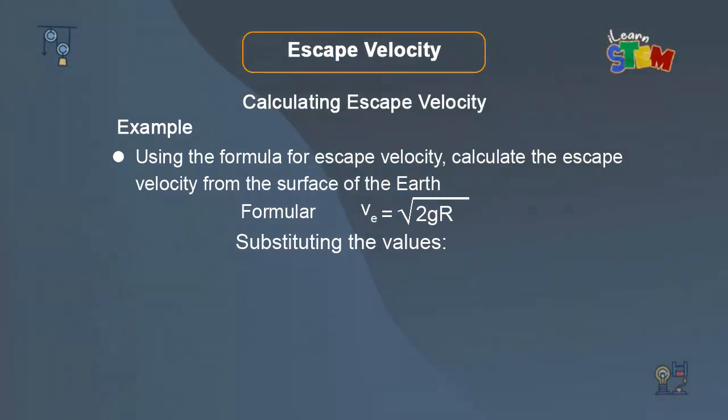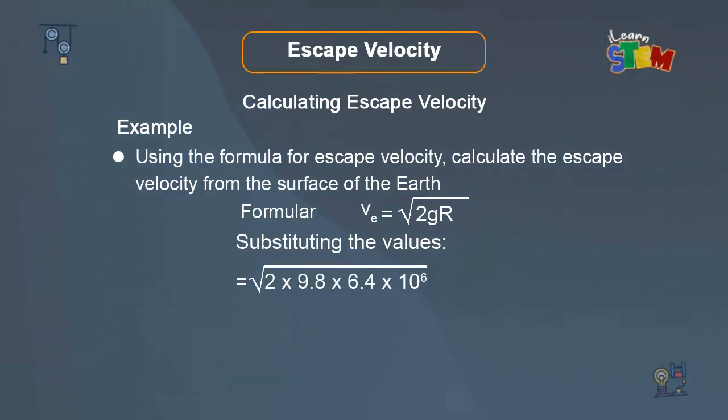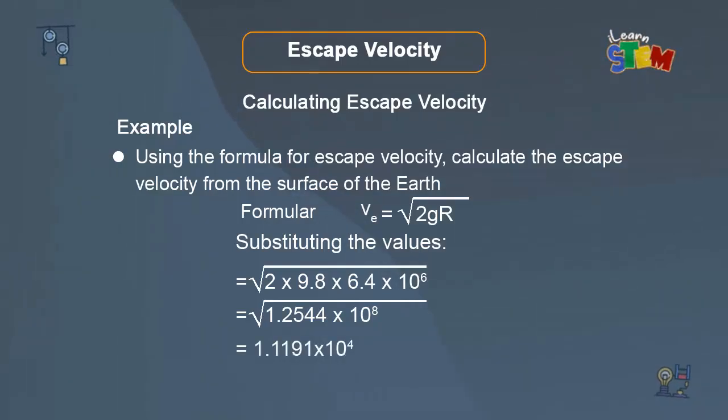Substituting the values in, we get the square root of 2 times 9.8 times 6.4 times 10 to the power of 6, which equals the square root of approximately 1.2544 times 10 to the power of 8. Taking the square root, we get approximately 1.1191 times 10 to the power of 4 meters per second, or about 11.2 kilometers per second. So, that's the speed you'd need to break free from Earth's gravity.